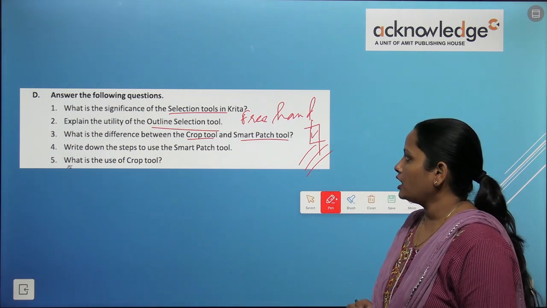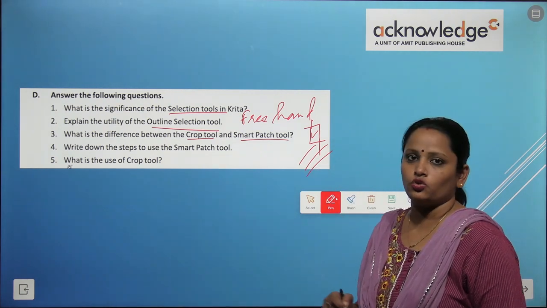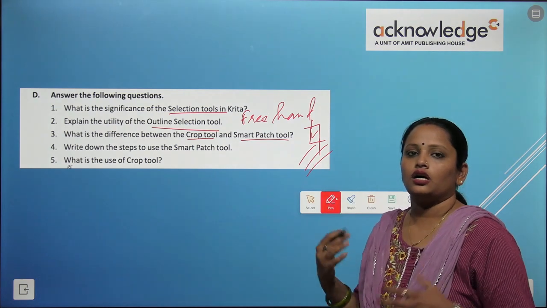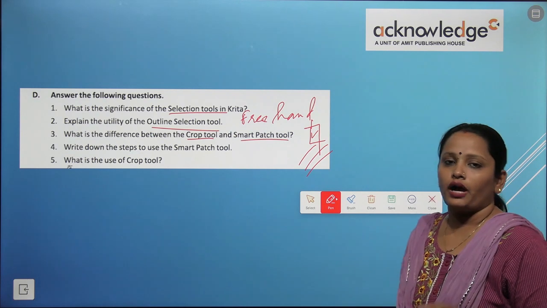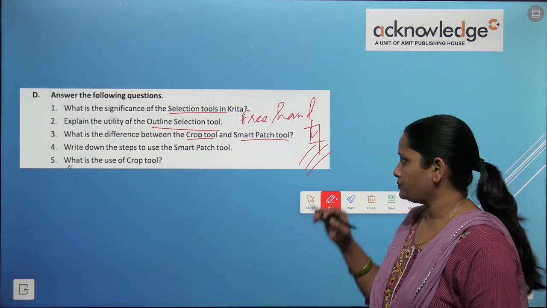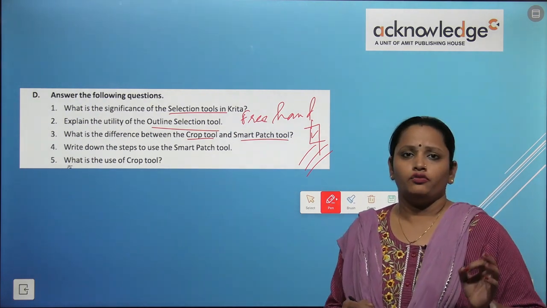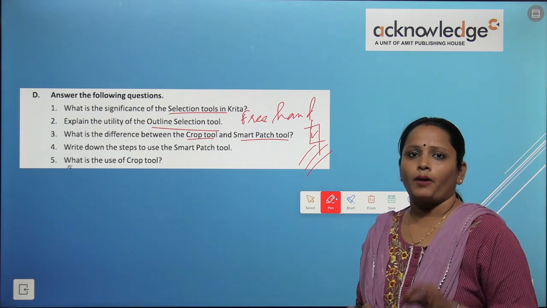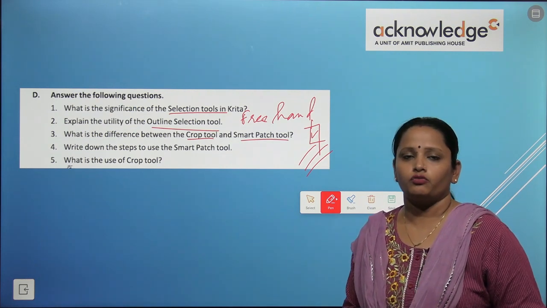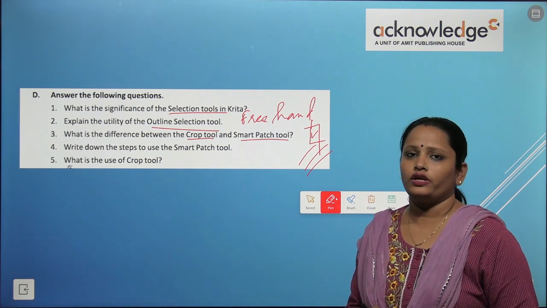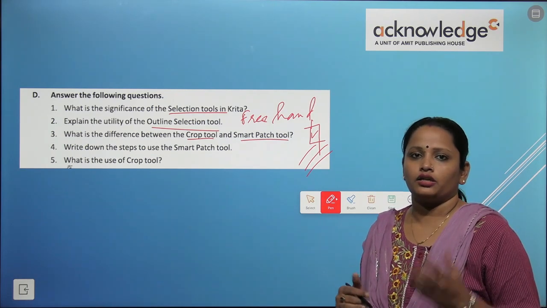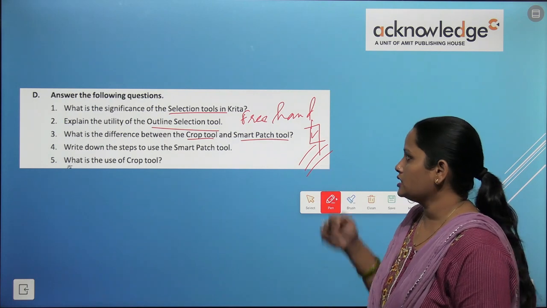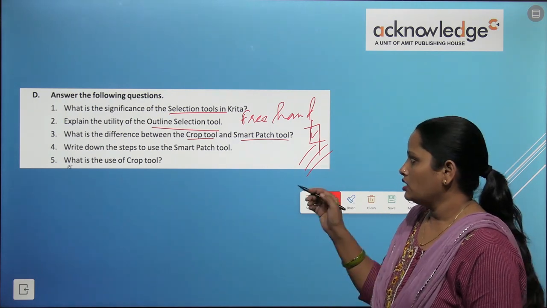Next, the smart patch tool. Smart patch tool does the work of a patchwork in our picture, and by this smart patch tool, we can put the patch on the area that we want to remove. For removing a part of a drawing and blending it with the other picture, we use this smart patch tool.